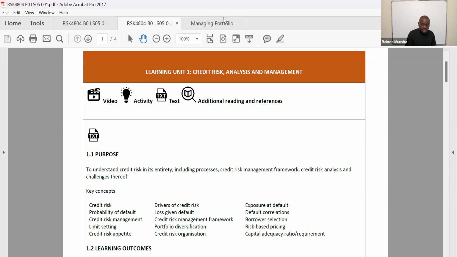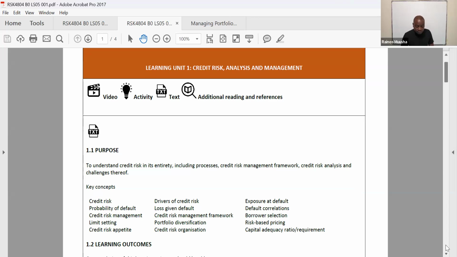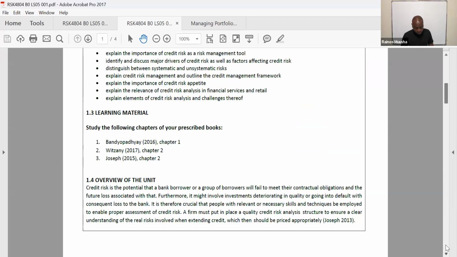Now, when it comes to learning unit 1, it introduces us to credit risk analysis and management. And here the lecturer says, when it comes to the purpose of this learning unit, it is to understand credit risk in its entirety, including processes, credit risk management framework, credit risk analysis, and challenges therefore as well.